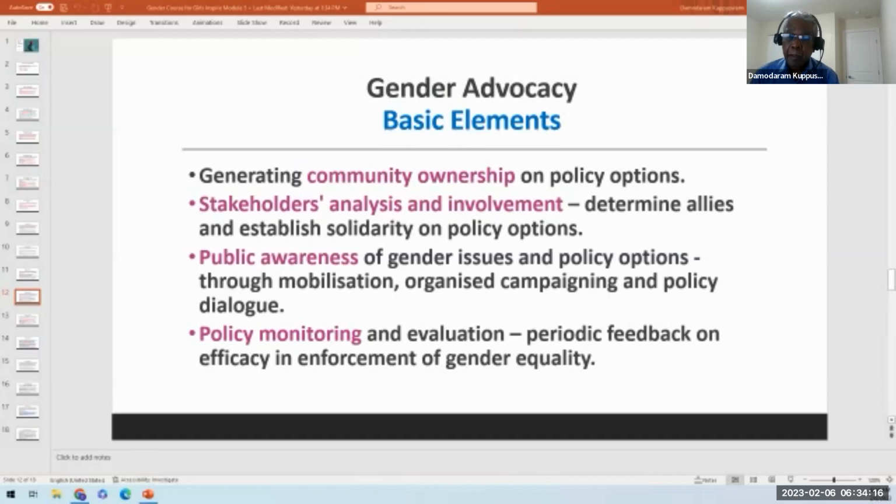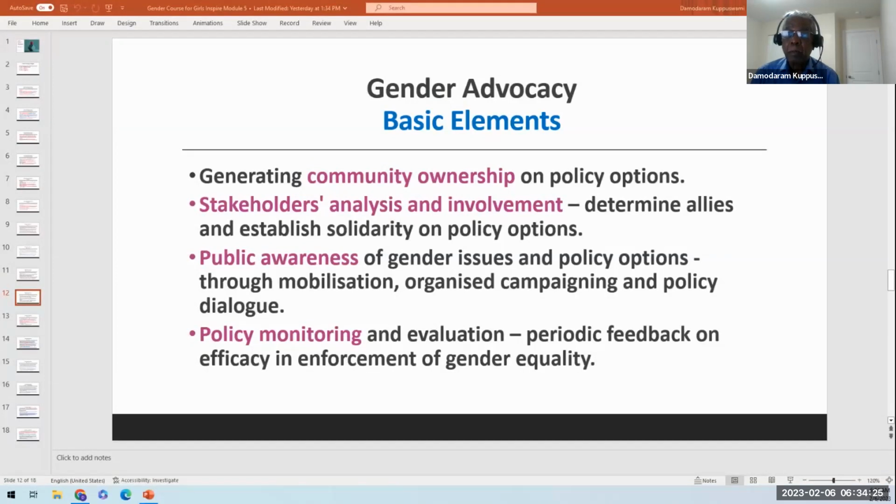So there is a gap in those processes, and we may have to look at that. Sometimes the policies may be good, but the procedures for policy implementation may be discriminatory, maybe disadvantageous for a particular section of people.